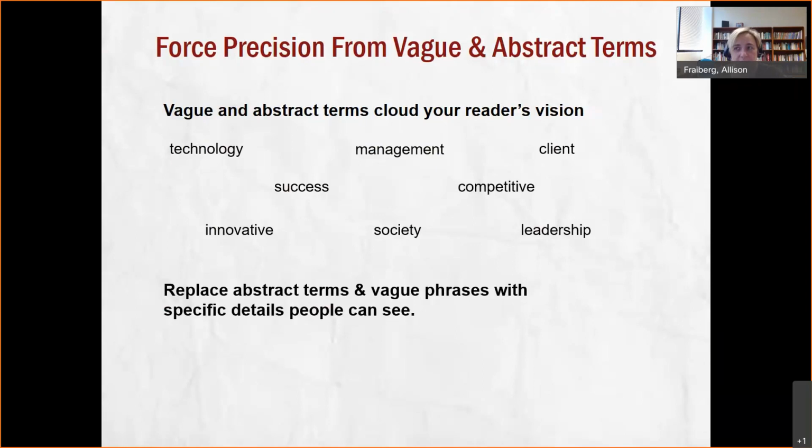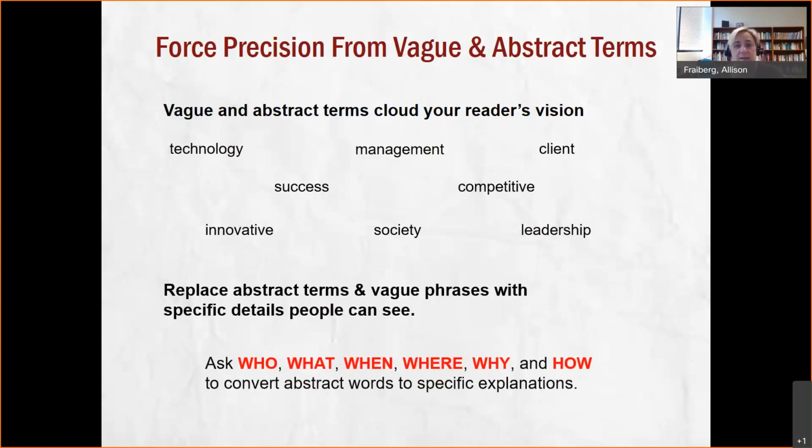You can't stop there. You have to get specific and detailed and precise about what you mean by it. And the way you do that is simply to ask who, what, when, where, why, and how questions about that vague term. And that'll press you into filling in the details and the specifics.